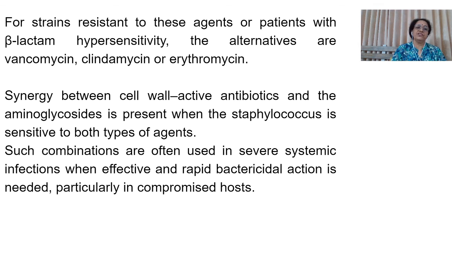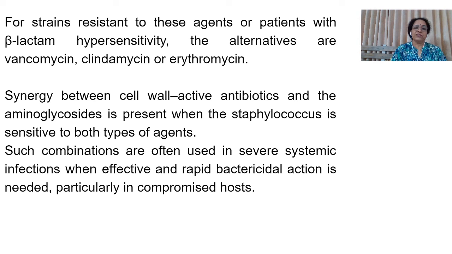There is a synergy between cell wall active antibiotics like penicillin and the aminoglycosides like streptomycin. One can use both types of drugs, that is, beta-lactam group of antibiotics and aminoglycosides, for the treatment of staphylococcal infections.